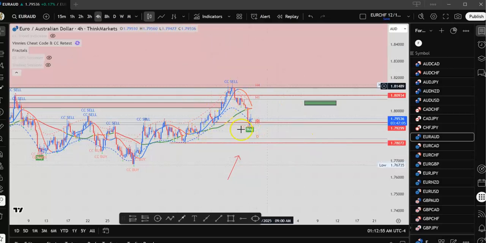Usually when I get all of these confirmations in a row, this is my A+ setup. Then I go into my MT4, MT5, and there are 2 more indicators on there that I use for my entries, but I'm not going to share that now. But suffice to say, it is working pretty well for me.